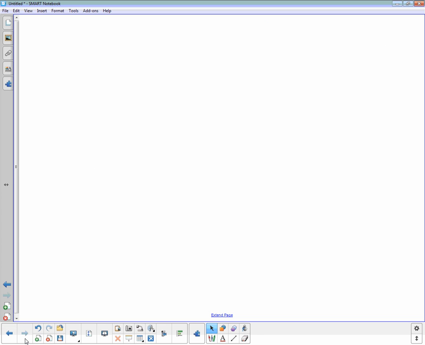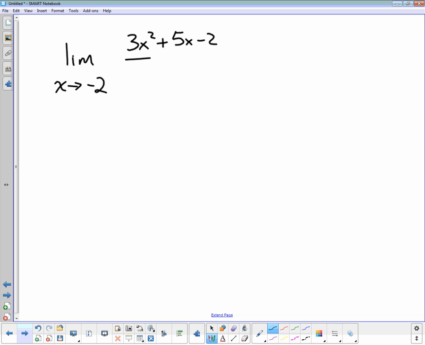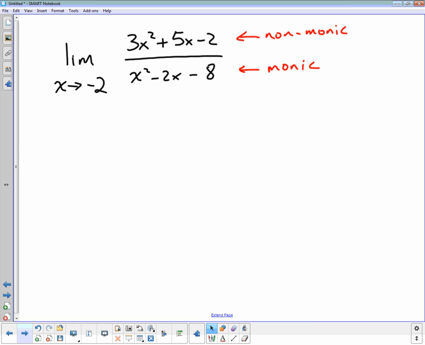Like this, where the top is a non-monic, whereas this is a monic. Just so that you know that vocabulary.